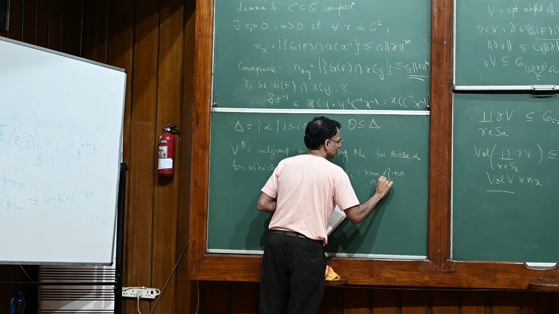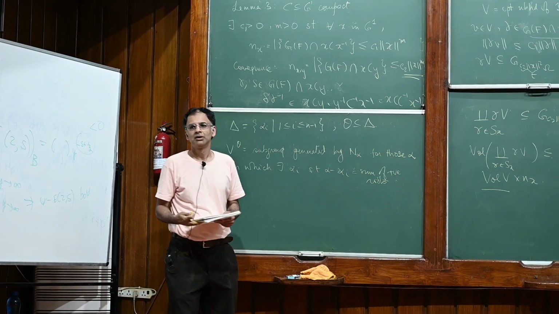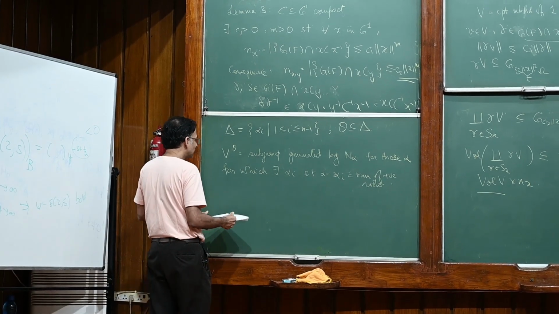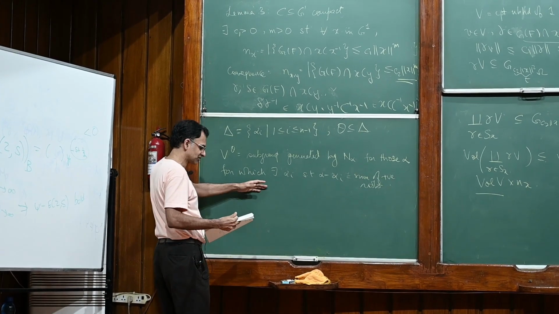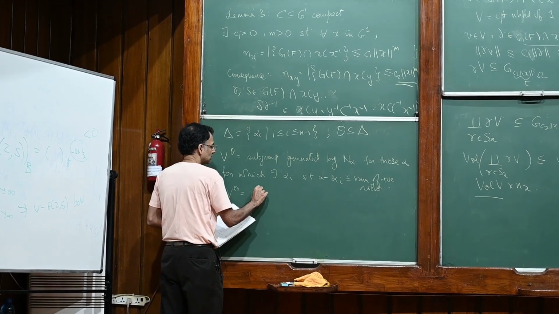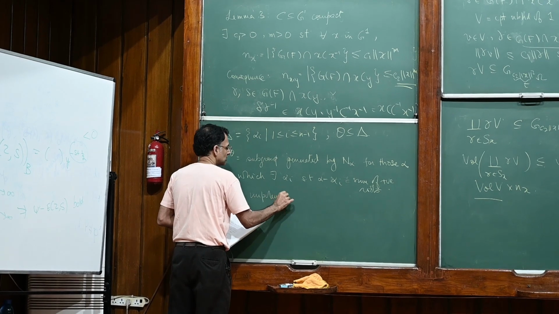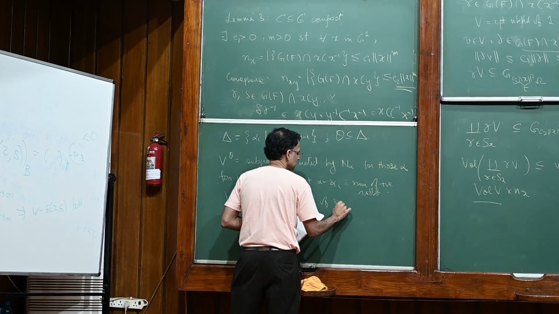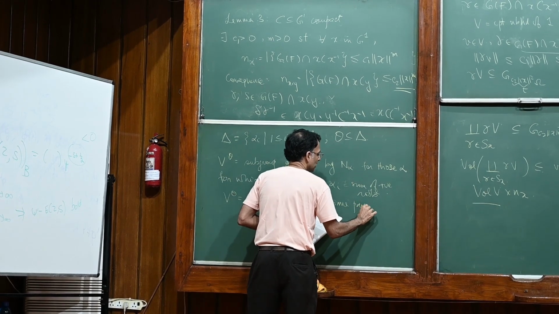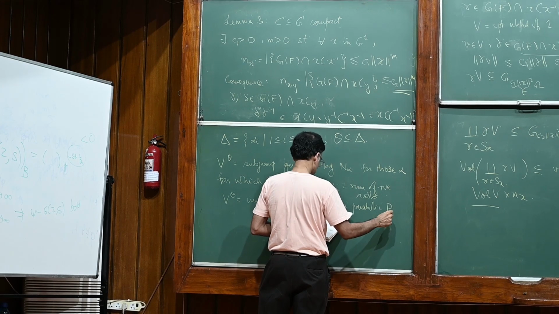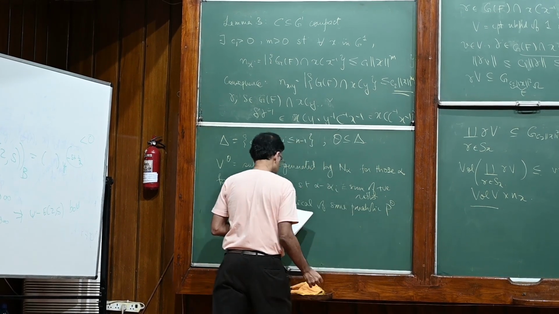The point is we're going to get a parabolic. So V theta is going to be the unipotent radical of some parabolic, say P theta.